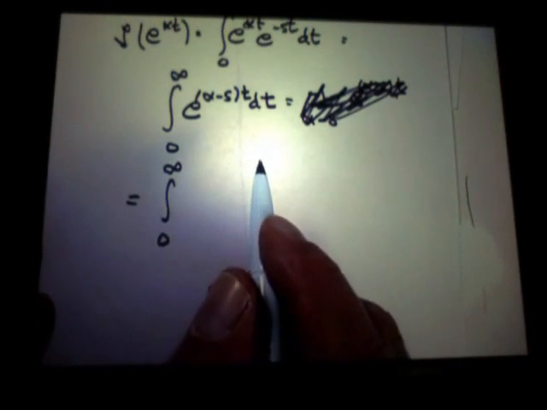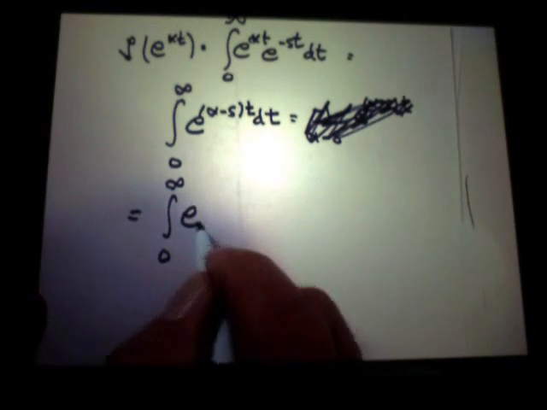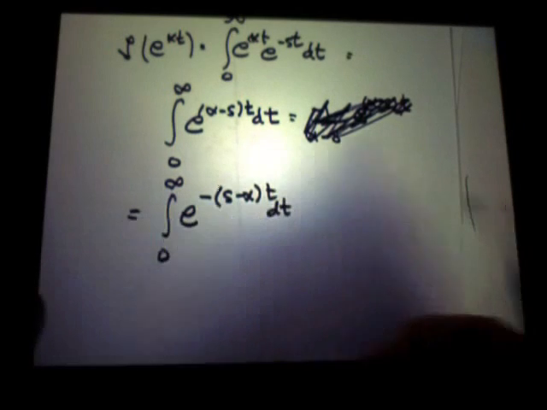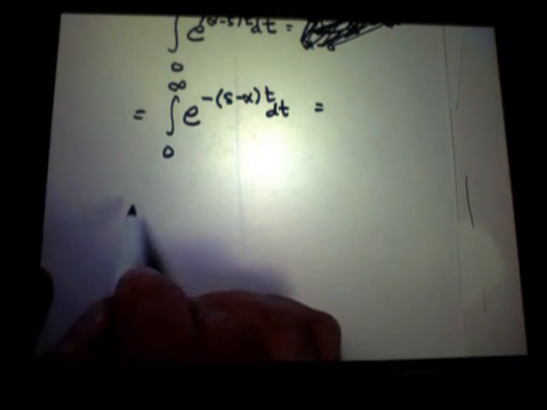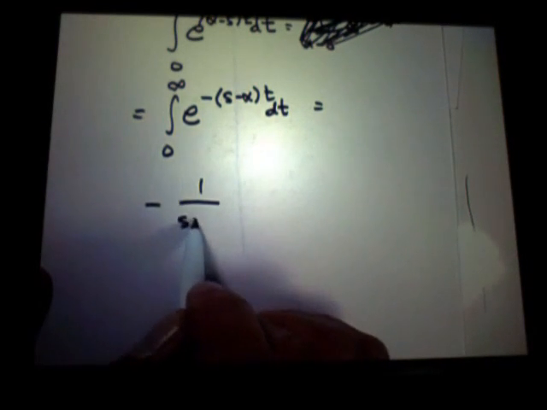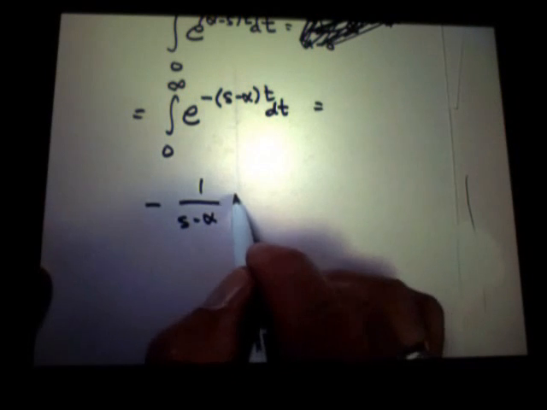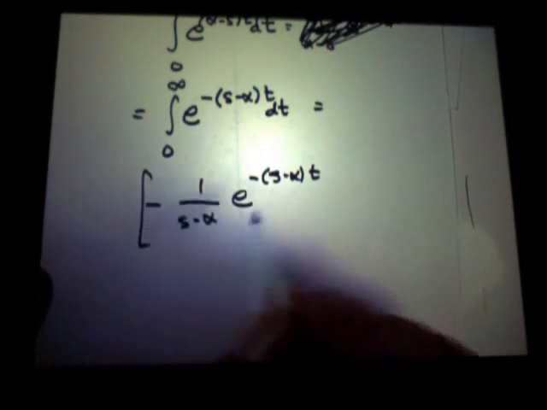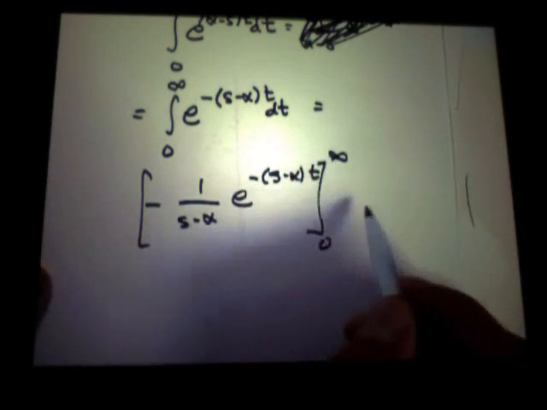So we have e to the minus s minus alpha t. That looks more like what we've been doing. So now we have minus 1 over s minus alpha e to the minus s minus alpha t from 0 to infinity.